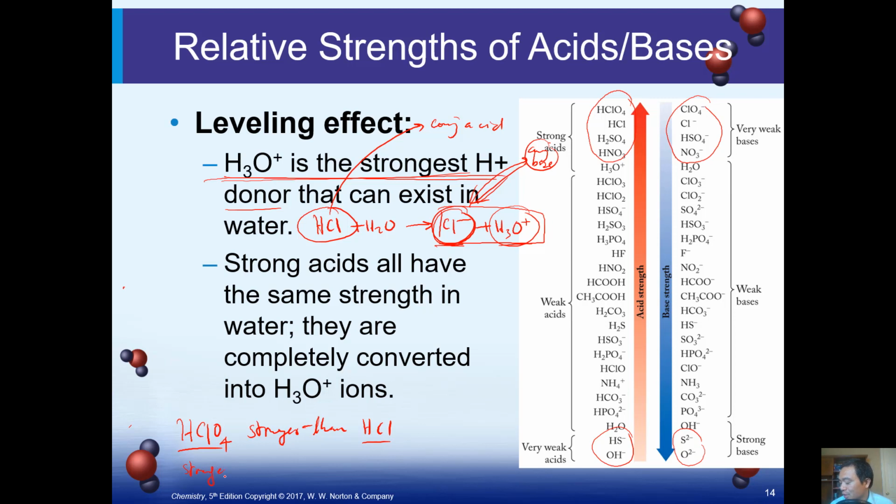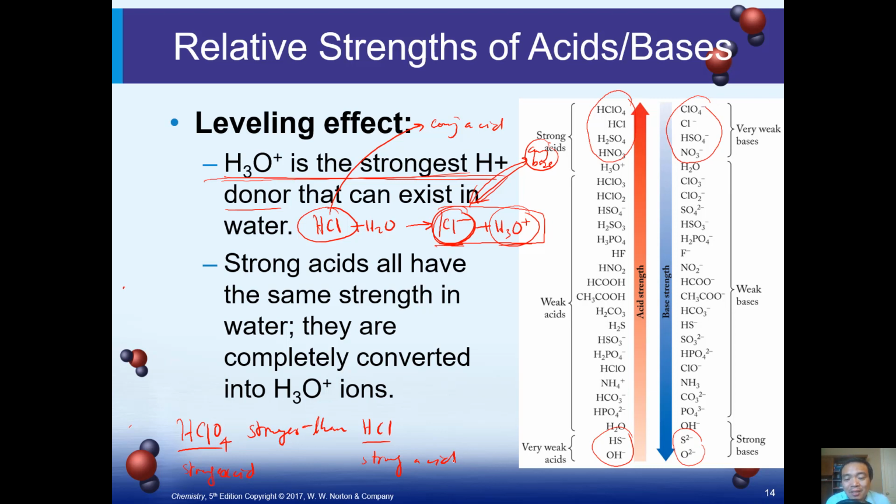Okay, but in water, they are strong acids. This is strong acid. This is also strong acid. But in water, we cannot tell apart which one is stronger or not, because both of them will have to react with water and become hydronium ion to show the acidity.